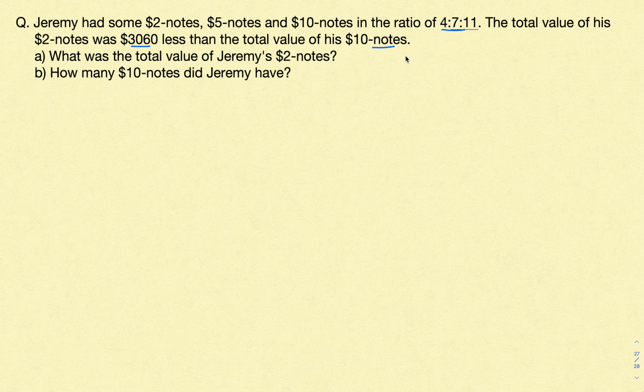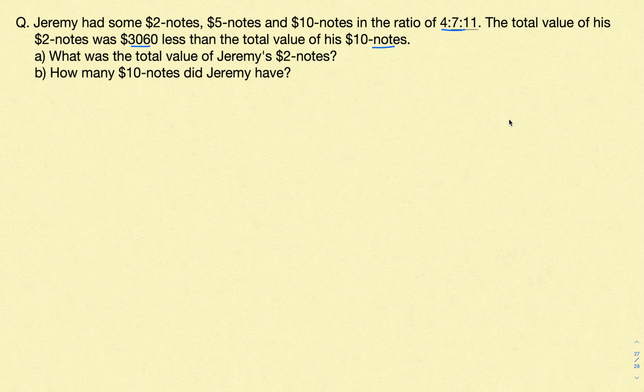It's obvious, because first of all the number of $10 notes is a lot more than $2 notes, and also because the value of $10 is more than $2. So obviously the total value of $10 notes will be more than the $2 notes.